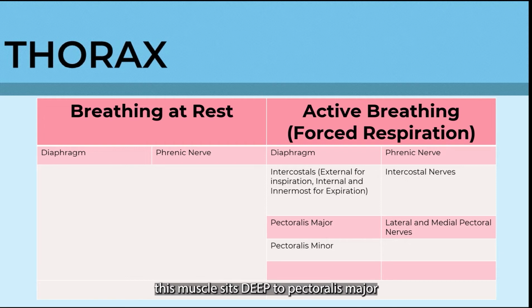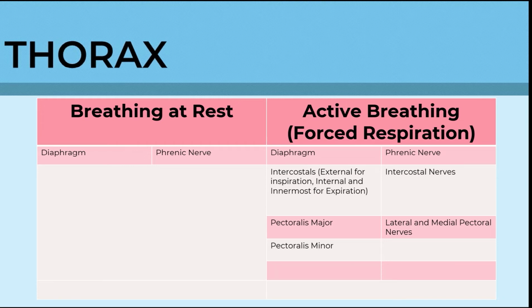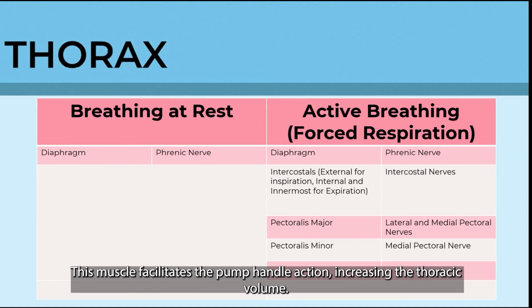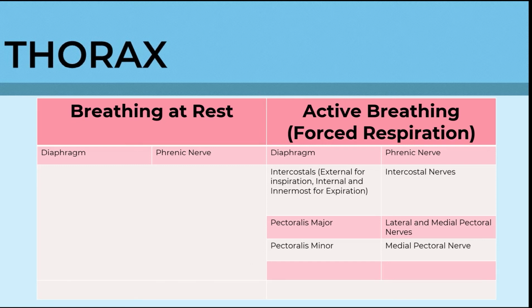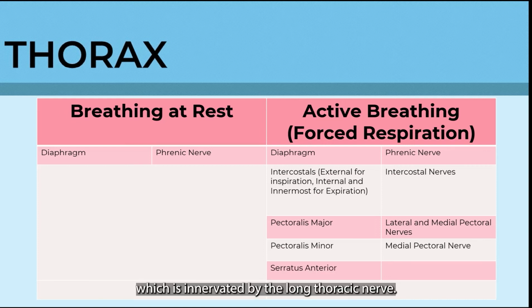This muscle sits directly underneath pectoralis major and is innervated by the medial pectoral nerve from the brachial plexus. This muscle facilitates the pump handle action, increasing the thoracic volume.